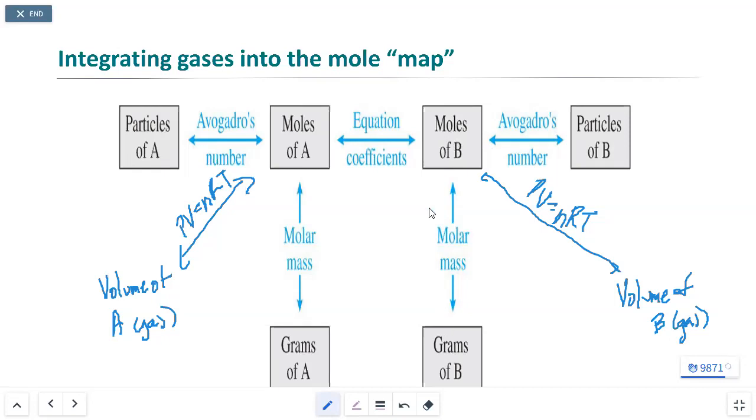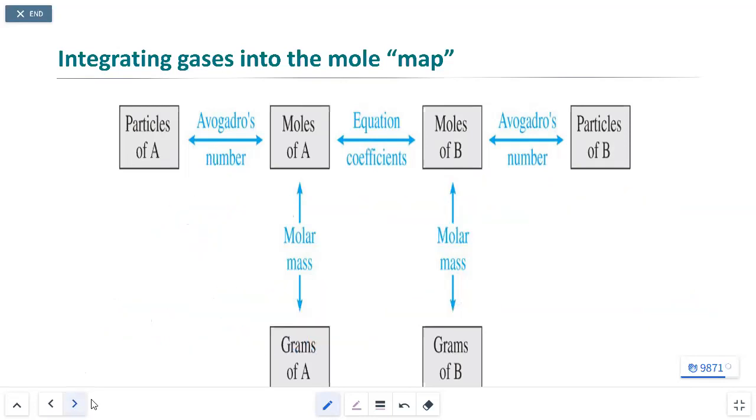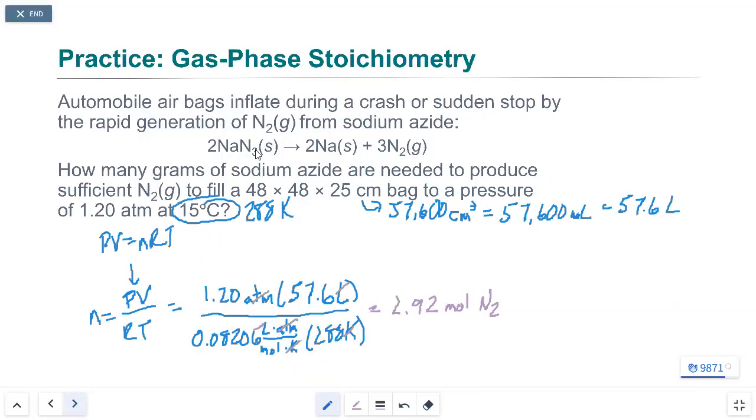We need a mole to gram conversion using the molar mass of sodium azide. So using the balanced chemical equation, 3 moles of nitrogen for every 2 moles of sodium azide.